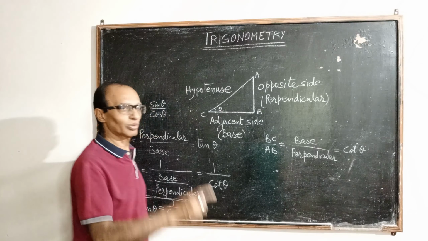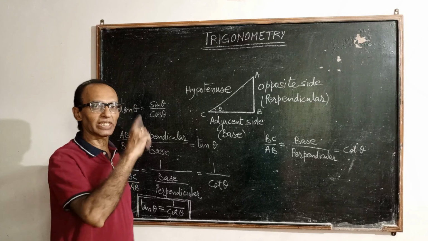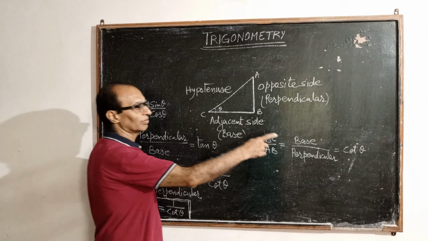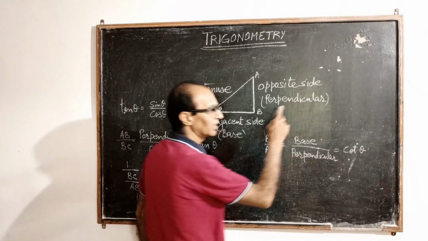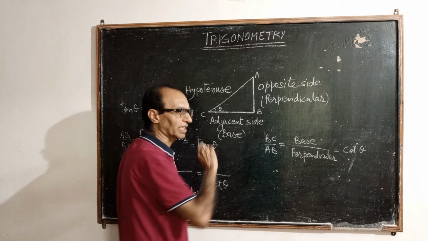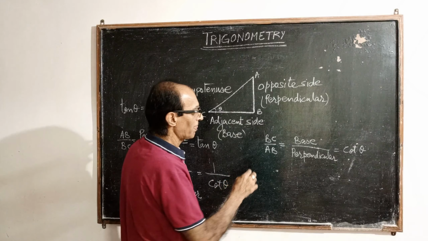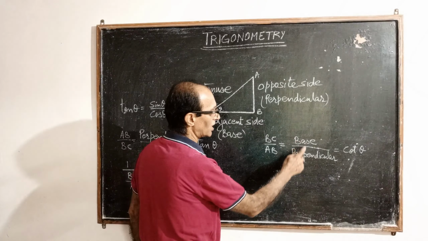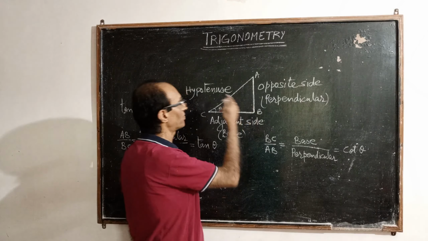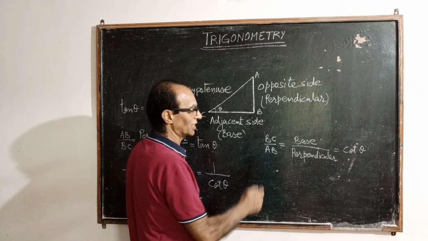As we talked about the relationship between tangent theta and sin theta and cos theta, in the same way we are going to work out cot theta as well as sin theta and cos theta. So this is base upon perpendicular. We bring in the third element, the hypotenuse, in this relationship.